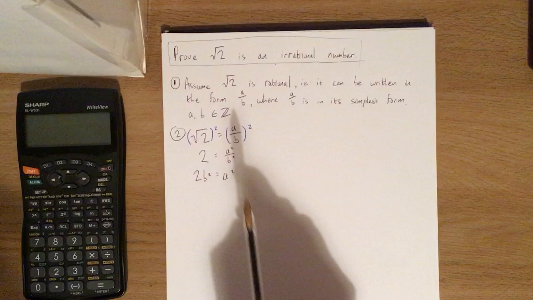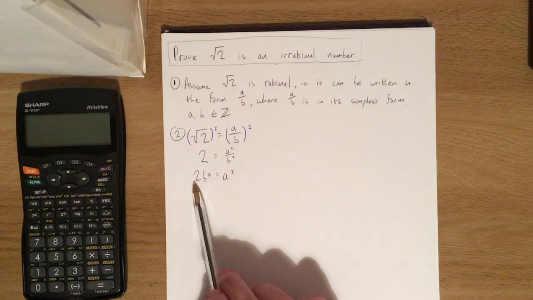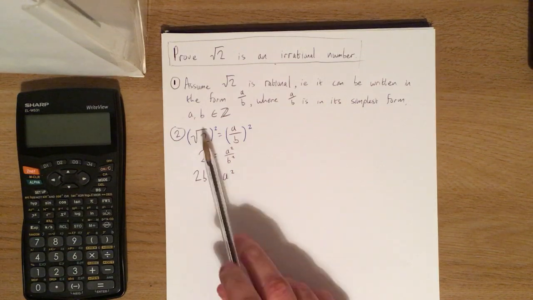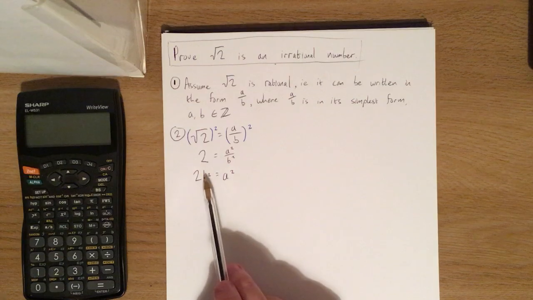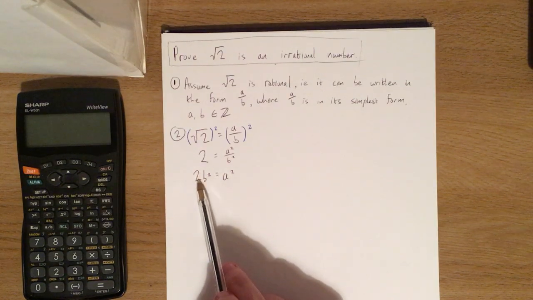Okay. If a squared can be written as 2 times something, a must be an even number. Okay, so whatever b squared is, and remember b is a whole number, you're multiplying it by 2. If you multiply any whole number by 2, you're going to get an even number.